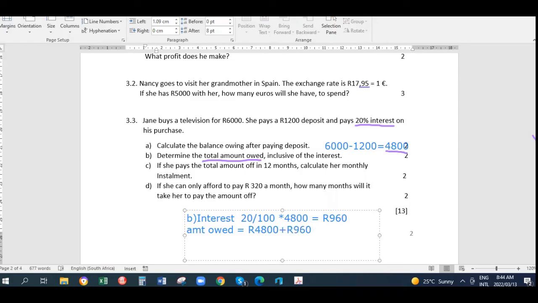That's the amount you owe, and that will give you 5,760. So that's the amount that you owe.